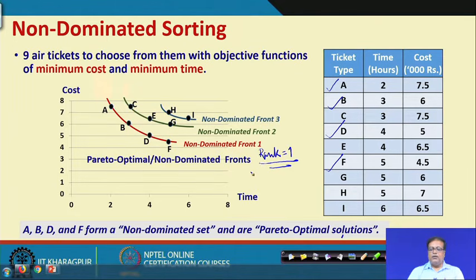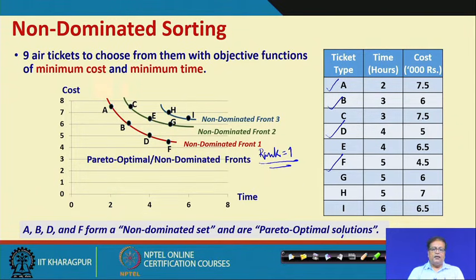Now, leave out A, B, D, F. So, we have 5 left: C, E, G, H, I. Suppose we do the same procedure once again. If I compare C and E, they do not dominate each other. Again C and G, they do not dominate each other, but they dominate over H and I, at least some of them do.